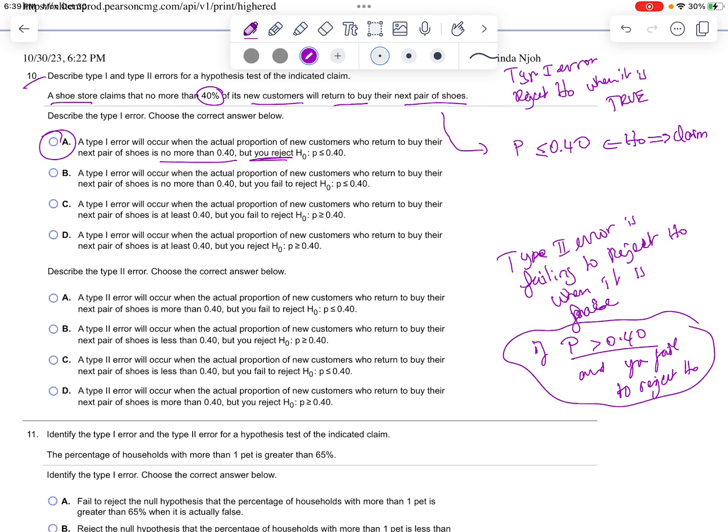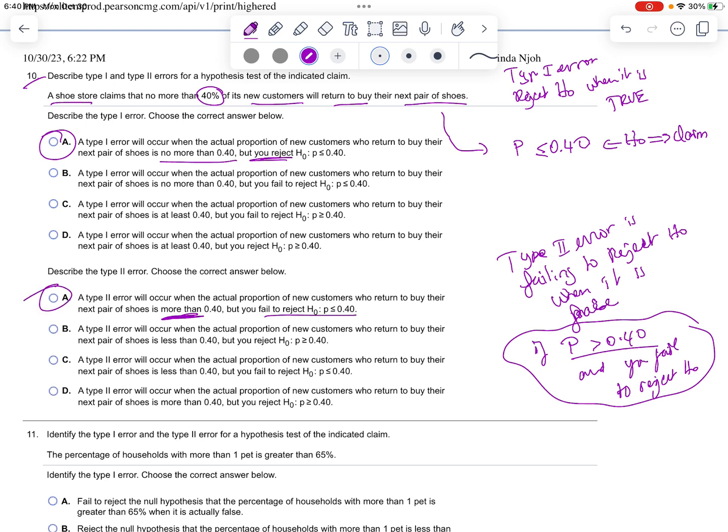So let's go and find it. Okay, our choice should be what? The type 2 error will occur when the actual proportion of new customers who return to buy their next pair of shoes is more than 40%, but you fail to reject. So this is it.